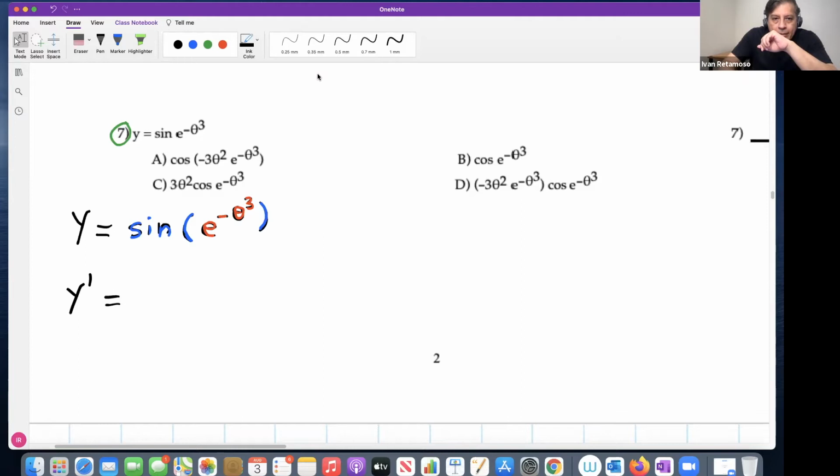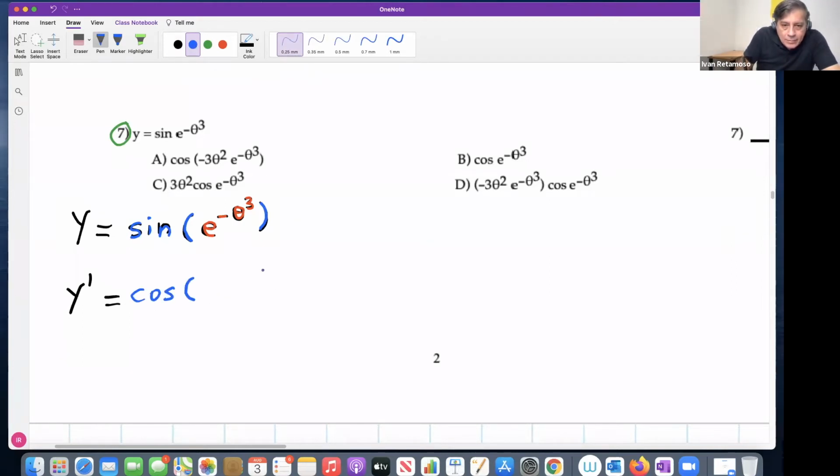Yeah, and this time, for some reason, they didn't put this down. They just left this alone, the e raised to negative exponent. But let's see together how this should be done. All right, first we start by taking the derivative of the outsidemost function, which is sine, right? The derivative of sine we know is cosine, right?